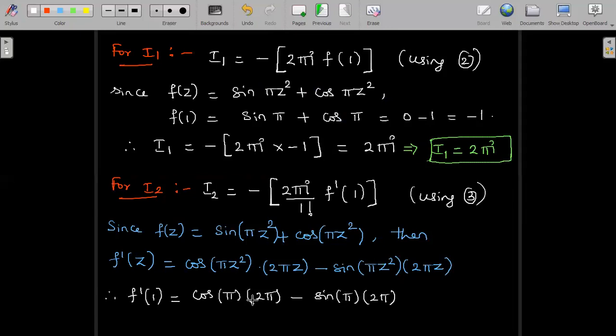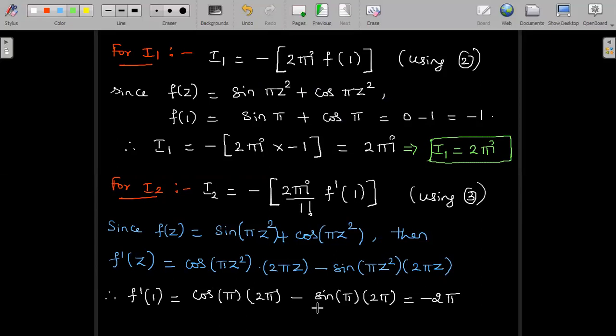Sin pi is 0, cos pi is 1, and the value of f dash of 1 will be 2 pi. Now, just a minute, I am making a mistake. Cos pi value is minus 1, and this 2 pi as it is. Sin pi is 0.